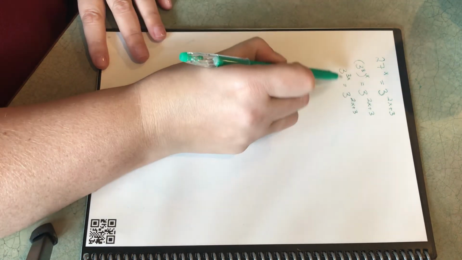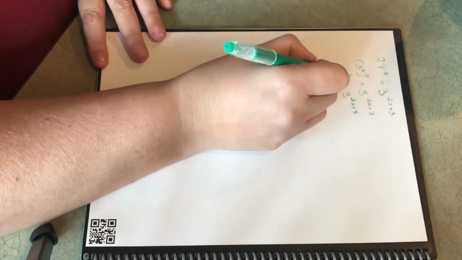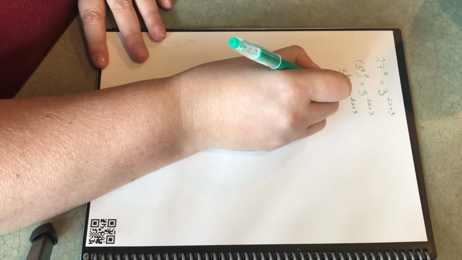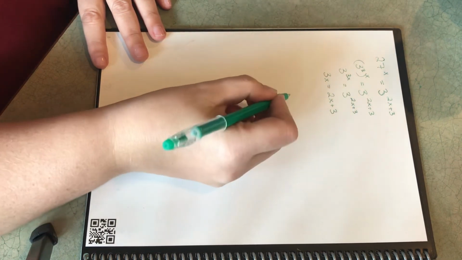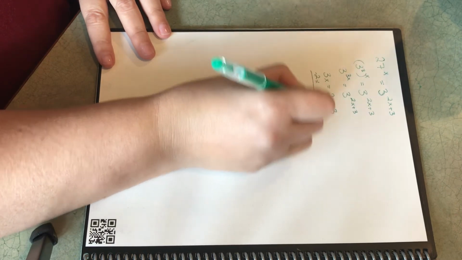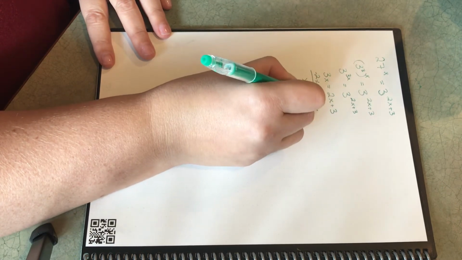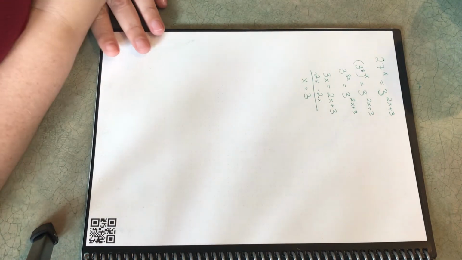Okay, so now if my bases are the same, the exponents also have to be equal, so I can actually drop the base and just solve from there. So x equals 3. Okay.